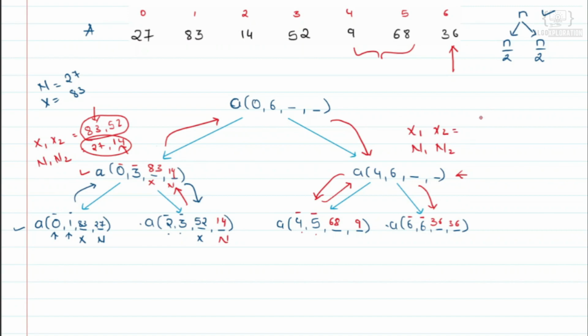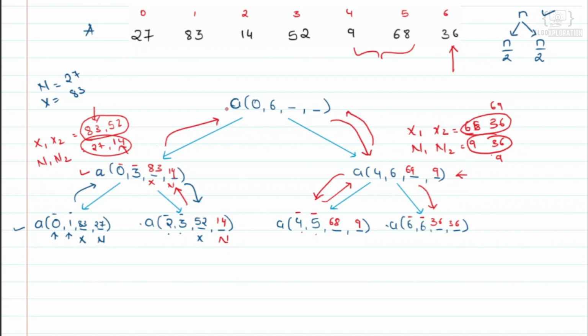Now x1 is 68 and x2 is 36 and n1 is 9 and n2 is 36. Now there will be a comparison between these two elements and between these two elements. Now we found out that the maximum of these two elements is 68 and the minimum of these two elements is 9. So 68 and 9, and we will return these two values to its parent.